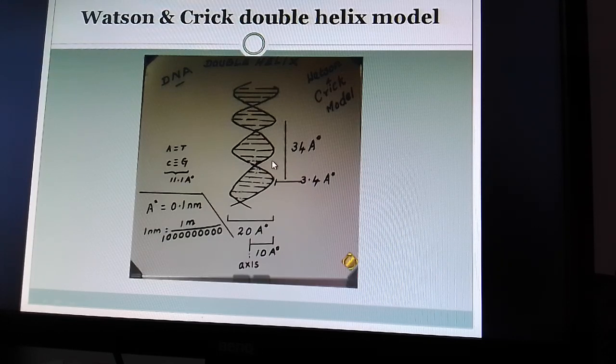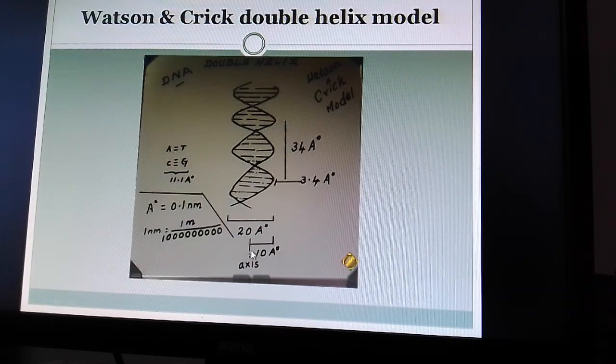And here there are some measurements of the distance between one nucleotide and the adjacent nucleotide as 3.4 angstrom unit. And then for every 10 nucleotides, there is one turn, one rotation in the helix. Accordingly, the distance between the 2 points of rotation is said to measure 34 angstrom unit. And now if you want to say the width of this double helical structure, in total 20 angstrom unit.